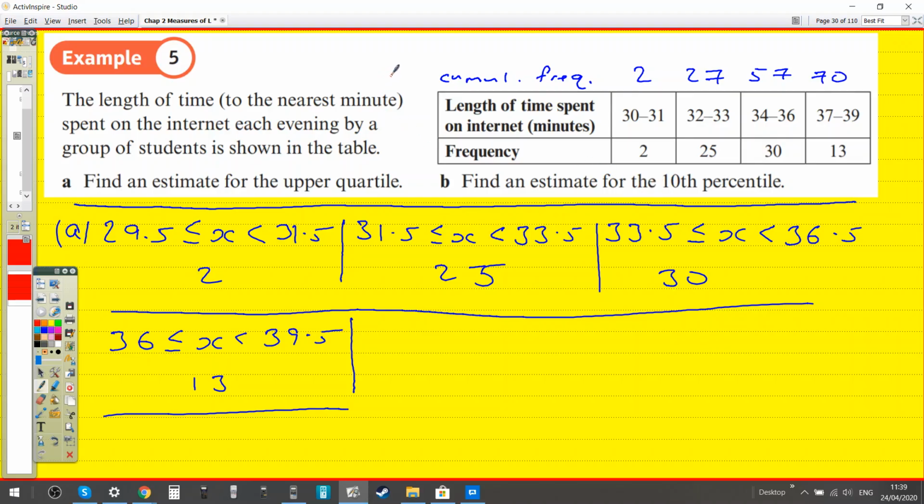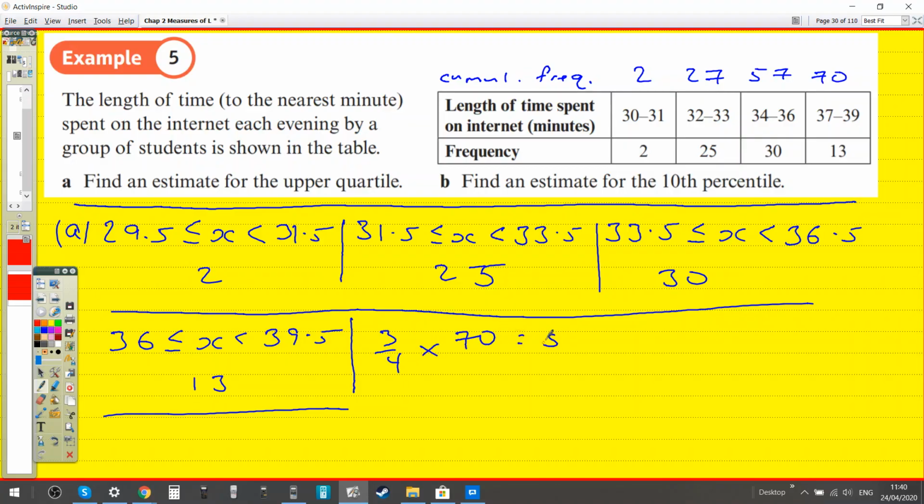And so, what position is the upper quartile? 52.5. So the 52nd point fifth value. And so, what can you do with that?